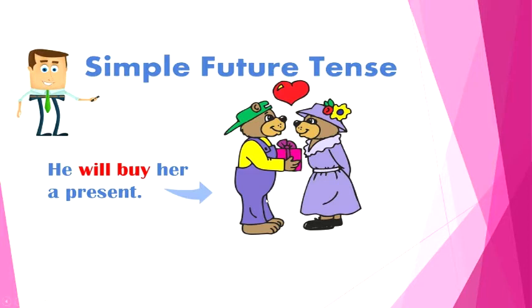So let us see. He will buy her a present. We can see the highlighted word. This will buy is a, yes, what is it? It is a simple future tense verb, because when we have will and the first form of the verb, it is simple future tense.